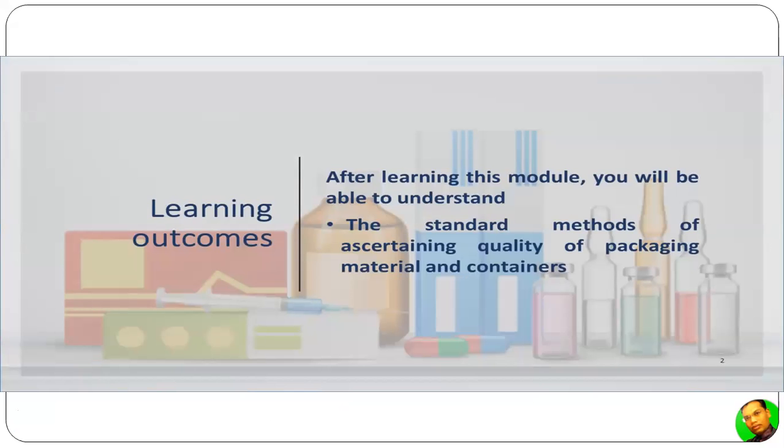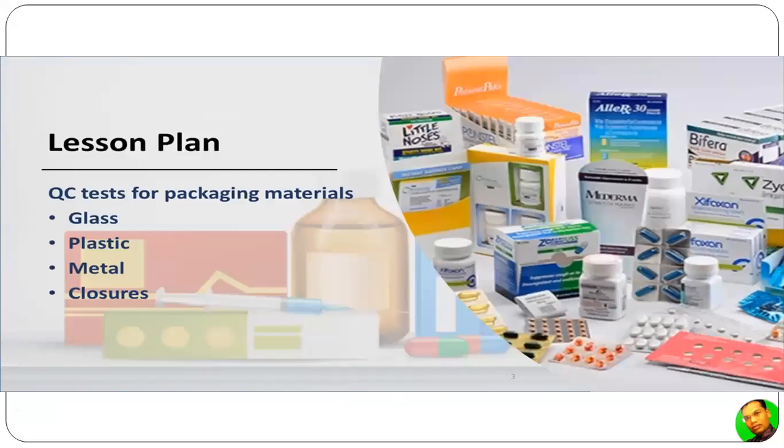Now, let's study the standard method of ascertaining the quality of a packaging material and container. This covers the quality control aspects associated with glass, metal, plastic, etc. We are going to study the quality control tests for packaging materials like glass, plastic, metal, and closures.